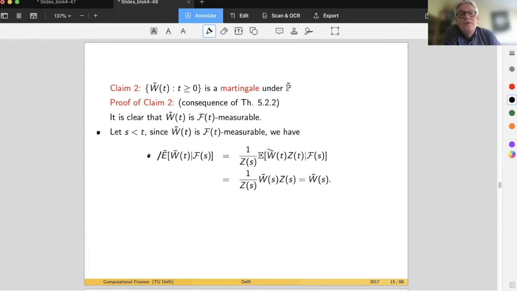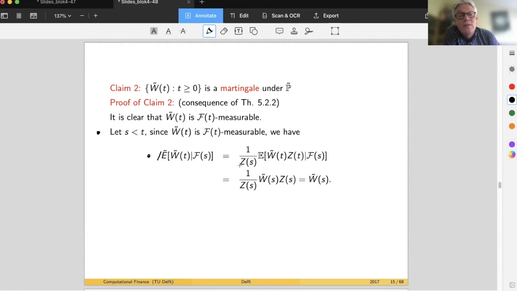Now W tilde T ZT is in fact, we have just shown that this is a martingale under P. So given Fs, this is equal to W tilde S ZS, right? It is a martingale under P. So this is W tilde S ZS.